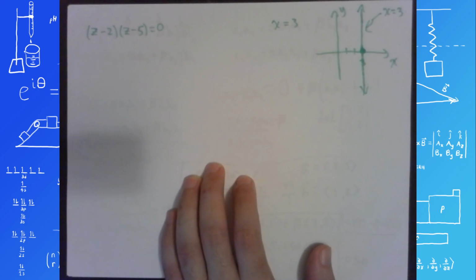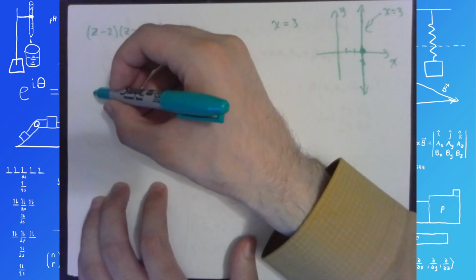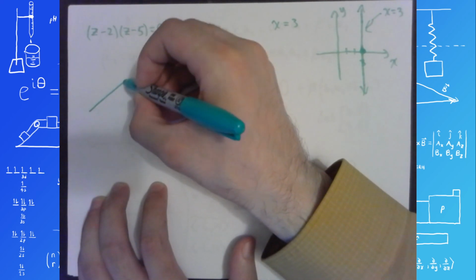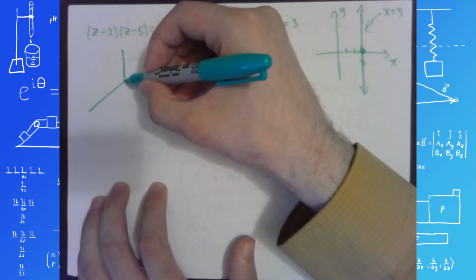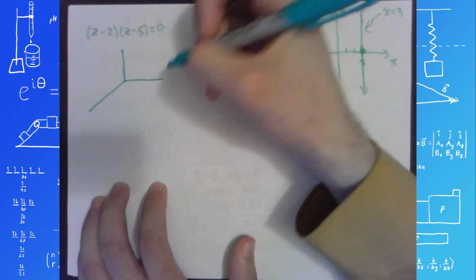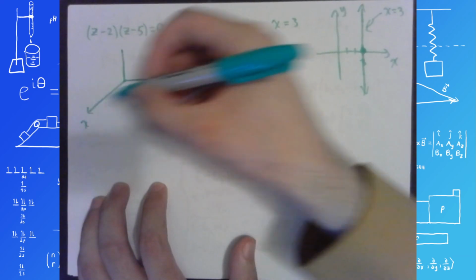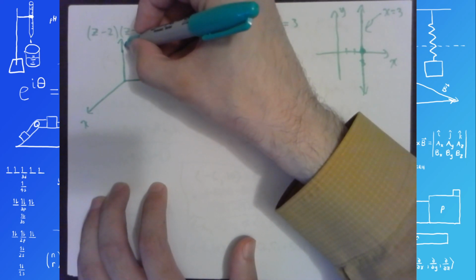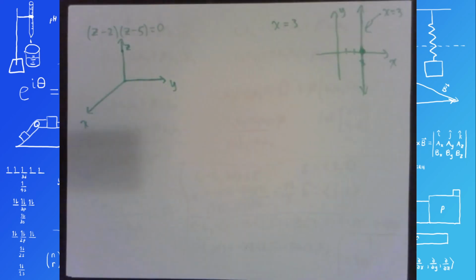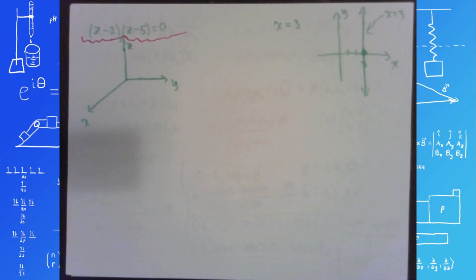So now if we look in a 3D space, what are the implications? Let me draw a coordinate system. So that's going to be my x, that's going to be my z, and that's going to be my y. So there's x, there's y, and there's my z-axis. I should probably have drawn it a little lower, but I'll draw a little squiggly line to separate those from each other.